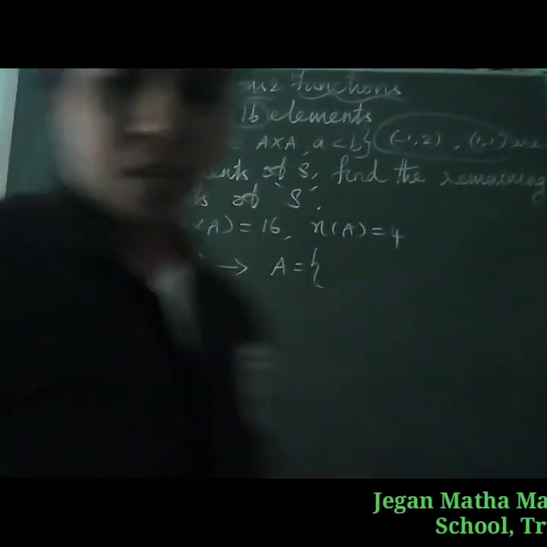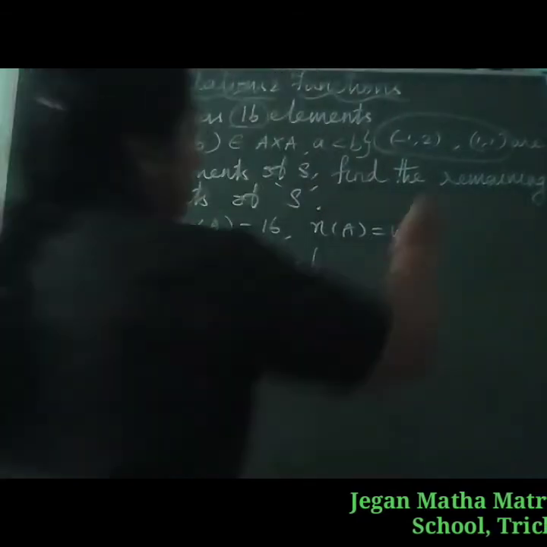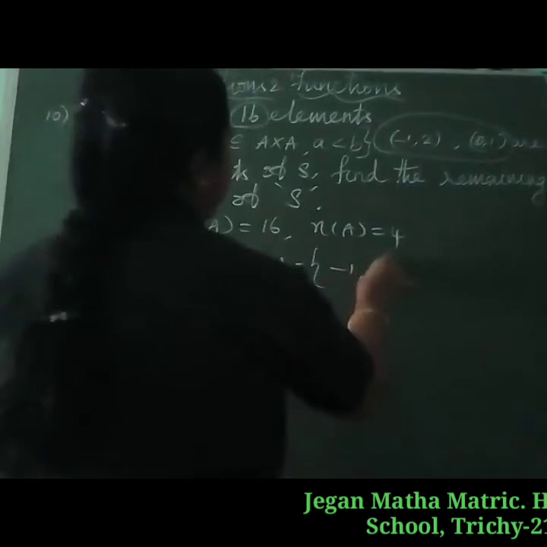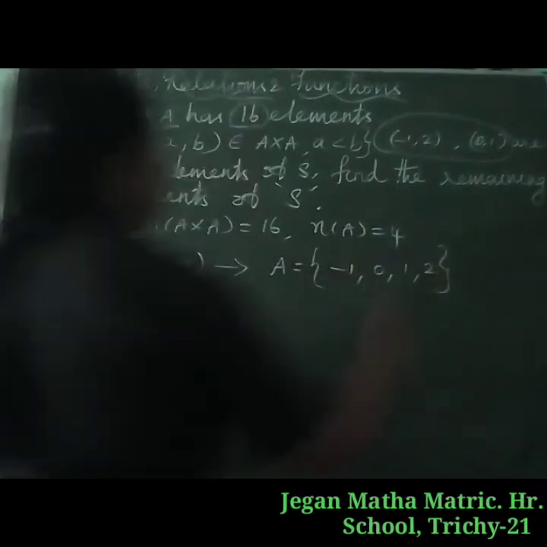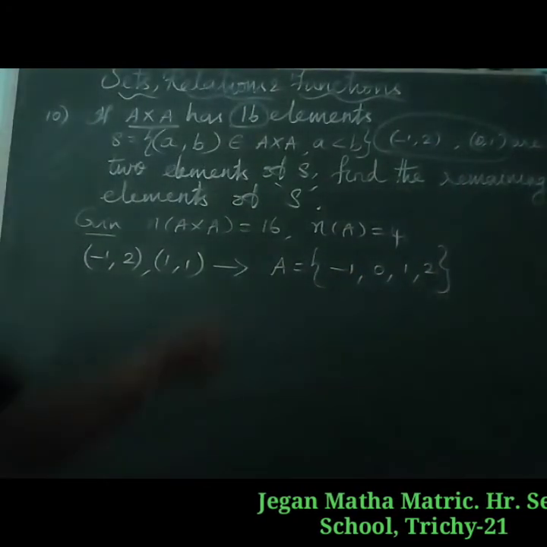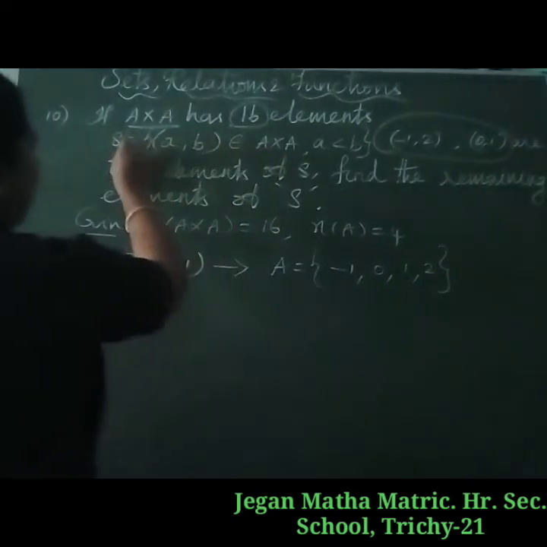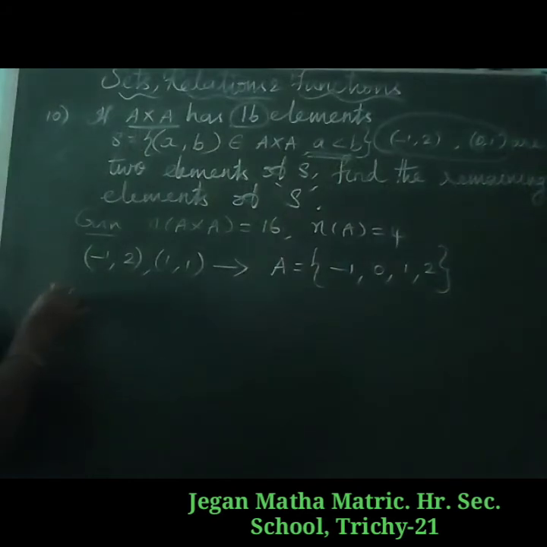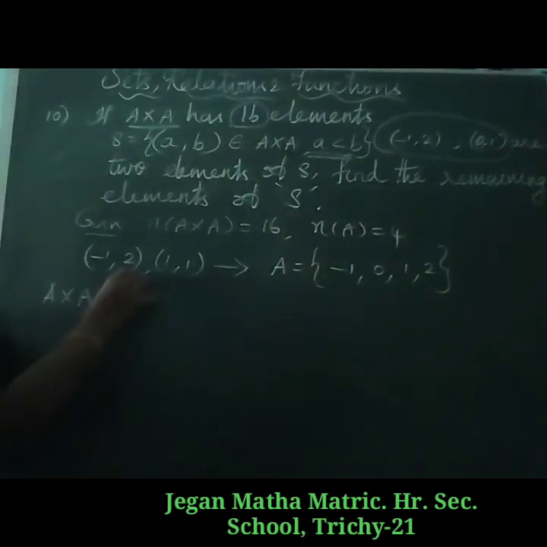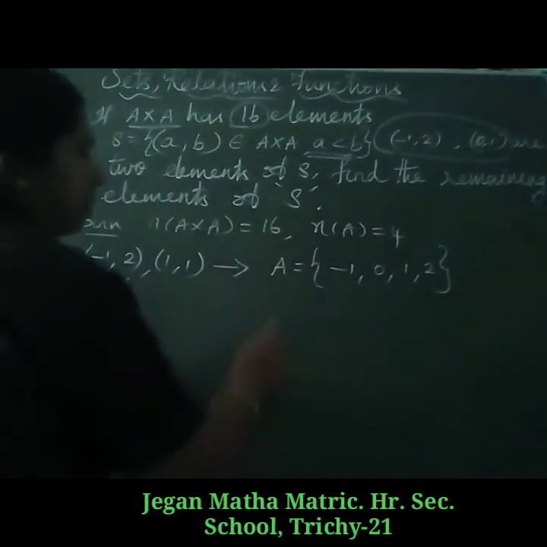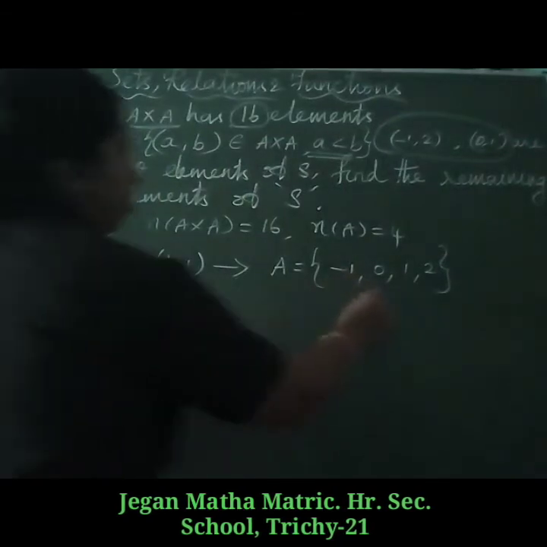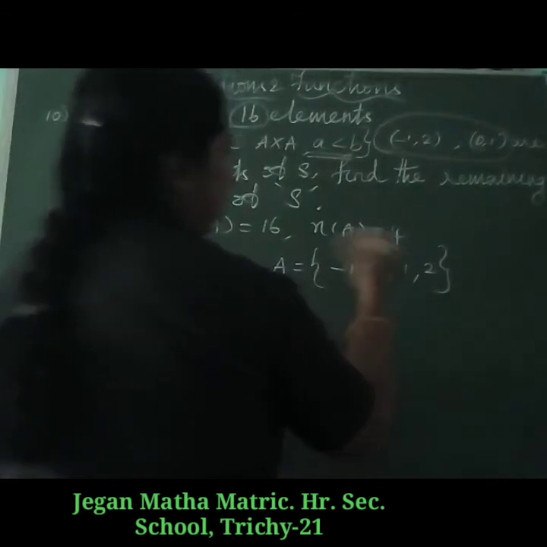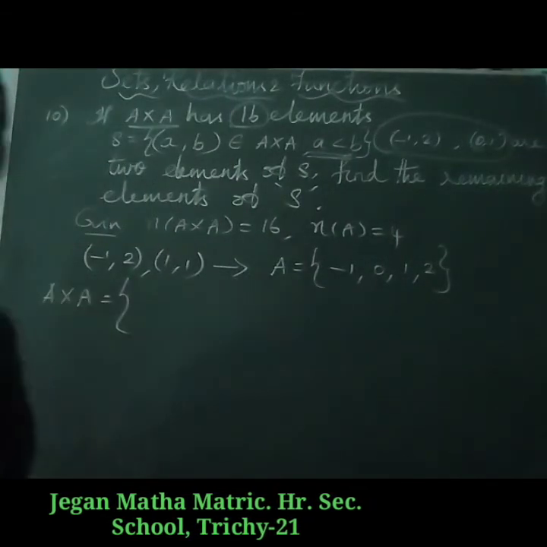The 4 elements are -1, 0, 1 and 2. Next we have to find out what are the elements in the set S that satisfy this condition. So for that first let us find out the elements in A cross A. A is equal to -1, 0, 1, 2. Same way we can write another set A as -1, 0, 1, 2.